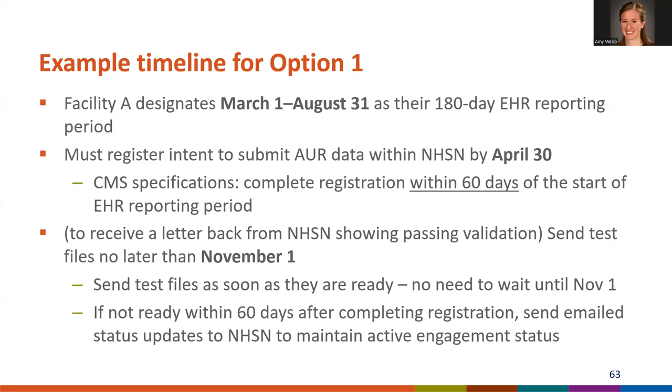If you have the test files ready sooner, no need to wait. You can send them as soon as they're available. But again, this calendar year, you're essentially working towards the generation of those test files. So if you don't have them ready, you're going to at least every 60 days send an email with your status update to maintain your active engagement status.